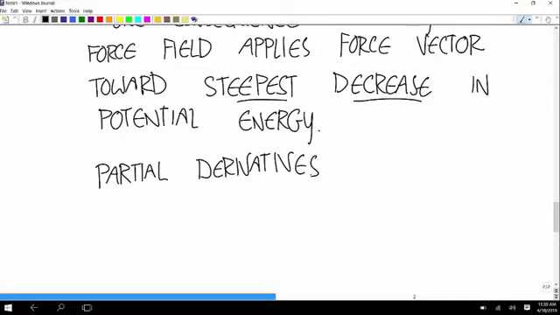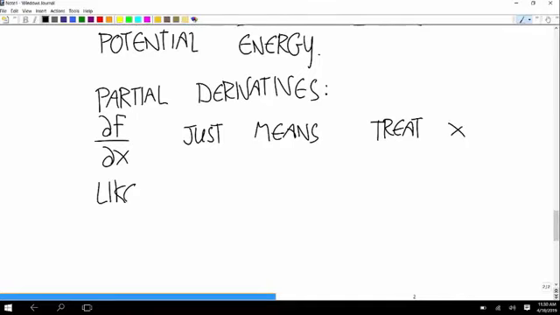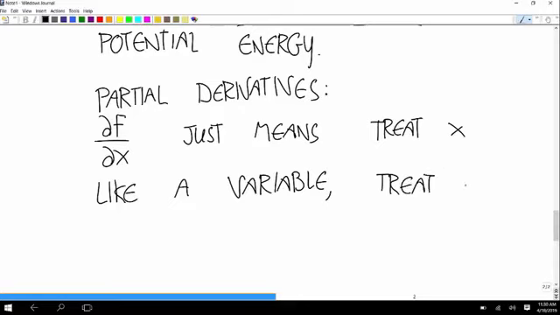All it means is, df/dx just means treat x like a variable and treat the other variables as constants.